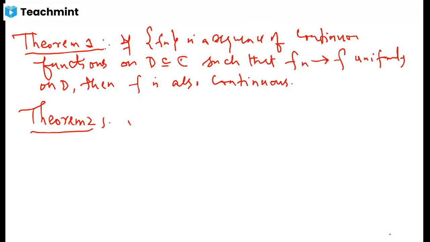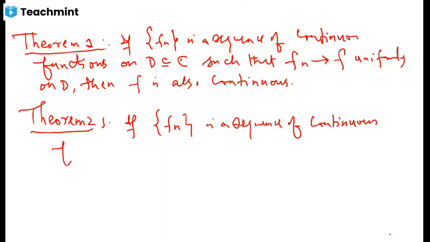What it says is that if f_n is a sequence of continuous functions on some set D in C, such that... I'm not taking D. Why take D? Because we have to deal with integration, let's take only a contour C in the complex plane.